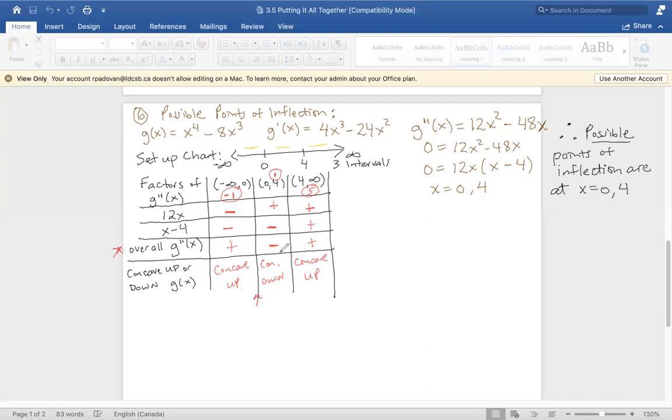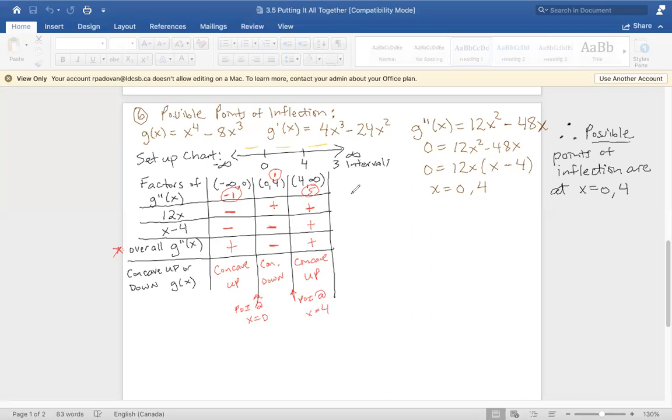Changing from positive to a negative sign, I have a point of inflection here at x equals 0. And then the sign is changing from negative to positive, which means right along here I have a point of inflection at x equals 4. So I do have 2 points of inflection.